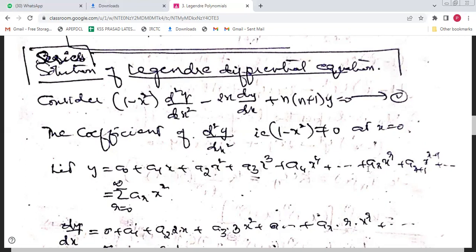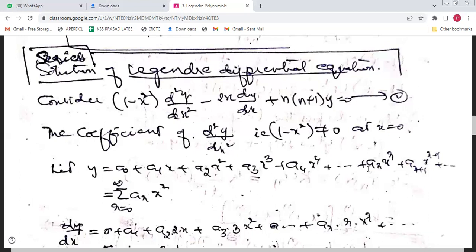Now, what is the Legendre differential equation? 1 minus x square times d square y by dx square minus 2x into dy by dx plus n into n plus 1 times y equal to 0. Now, what is the coefficient of d square y by dx square? It is 1 minus x square. It should not be equal to 0 at x equal to 0.